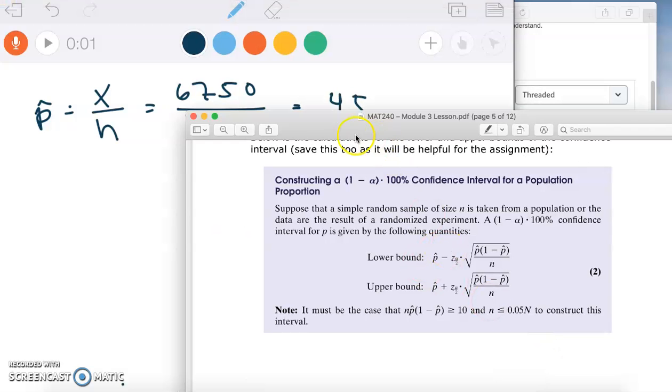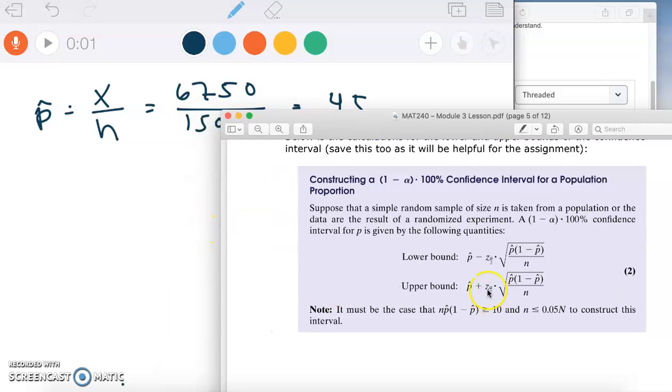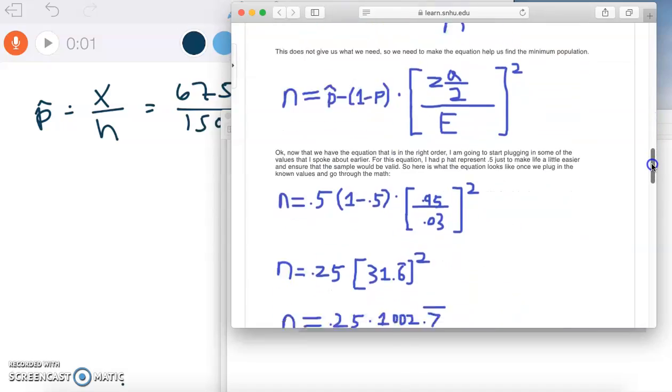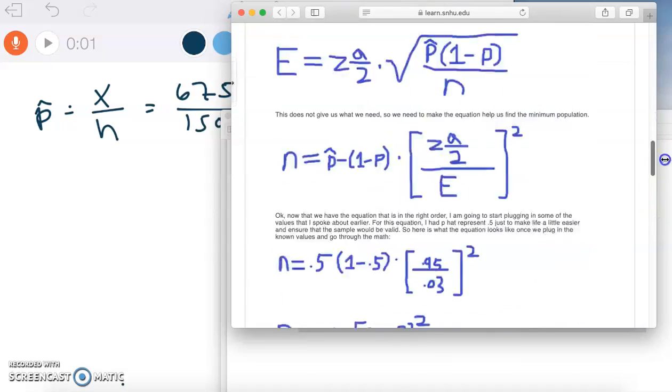Now going back to our formulas, we need to find this z alpha over 2, and p hat times 1 minus p hat over n under the square root.